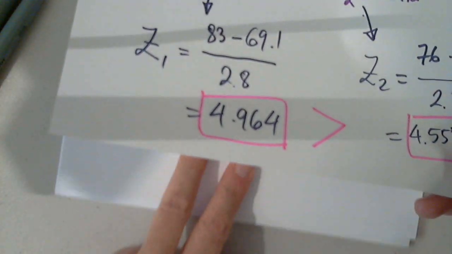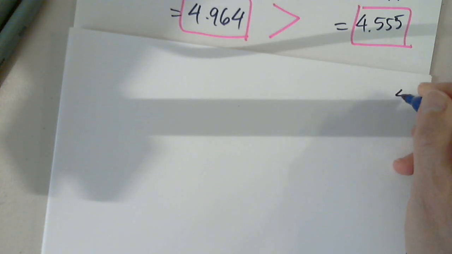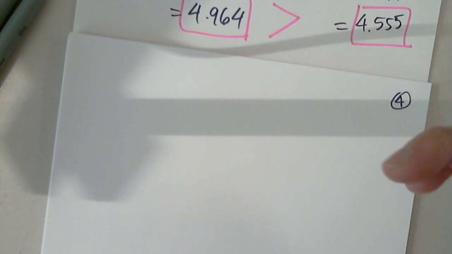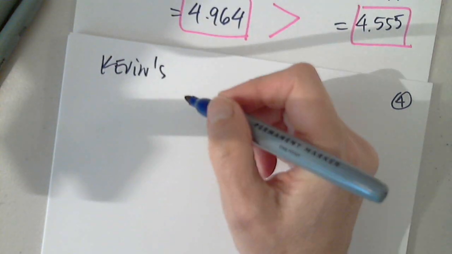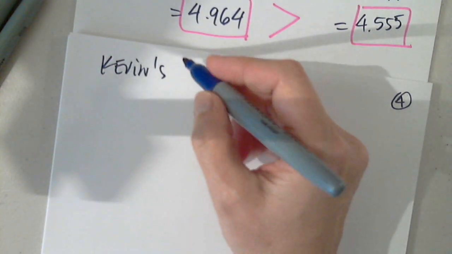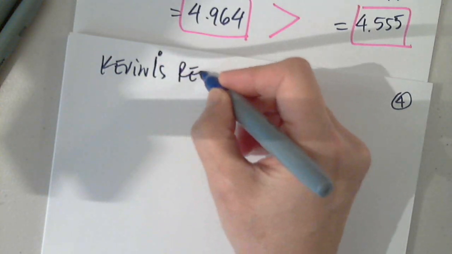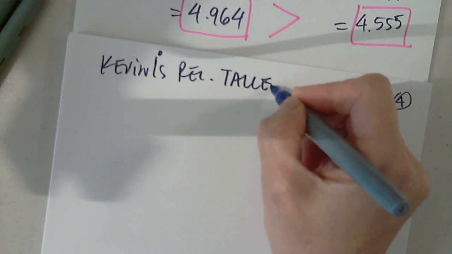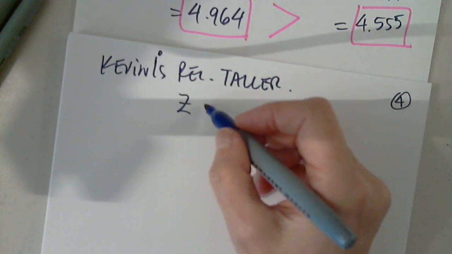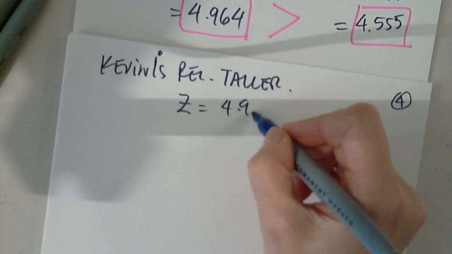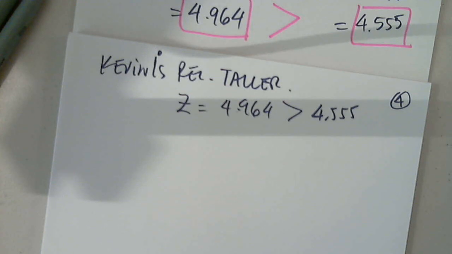So that's our conclusion, based on enough information, satisfactory calculations. Kevin is relatively taller. The z-score was 4.964, which is higher than 4.555.